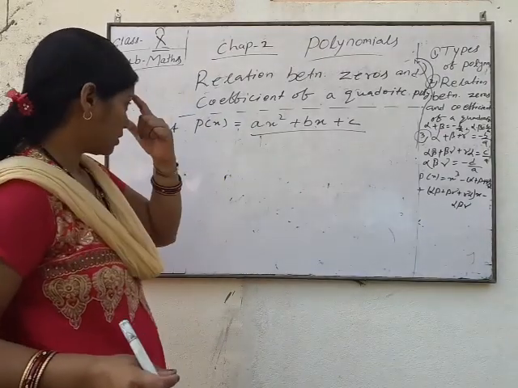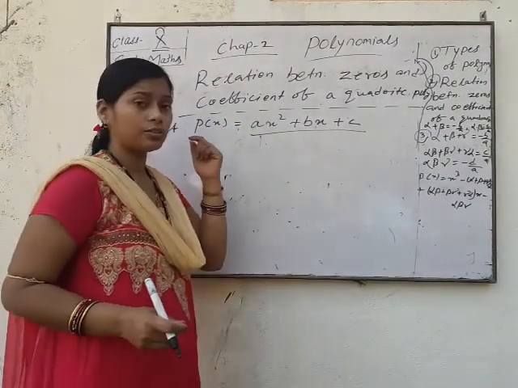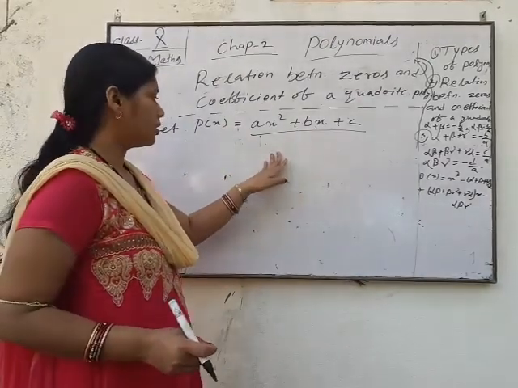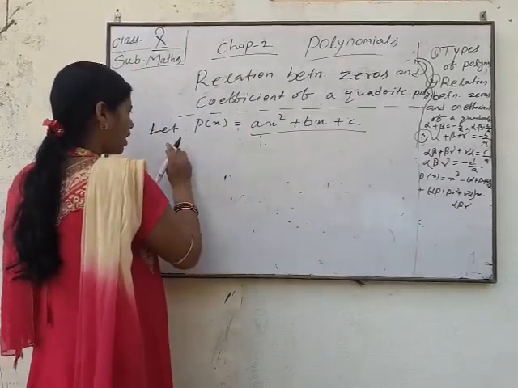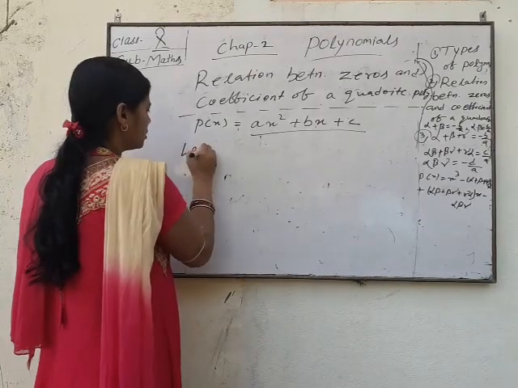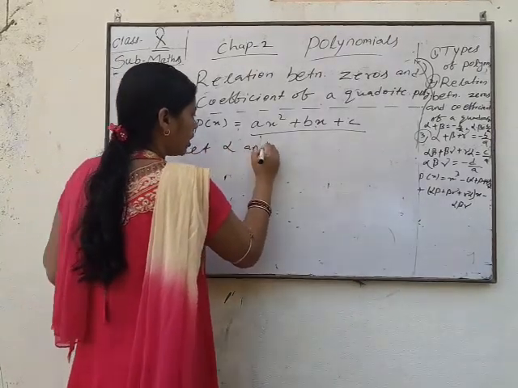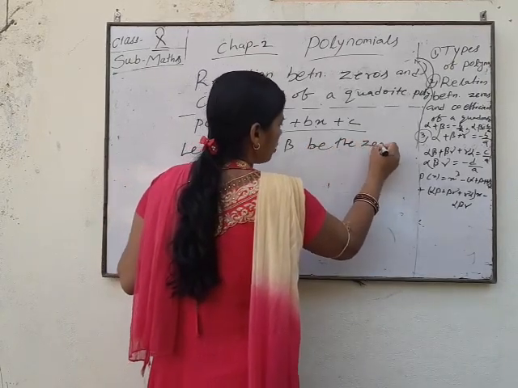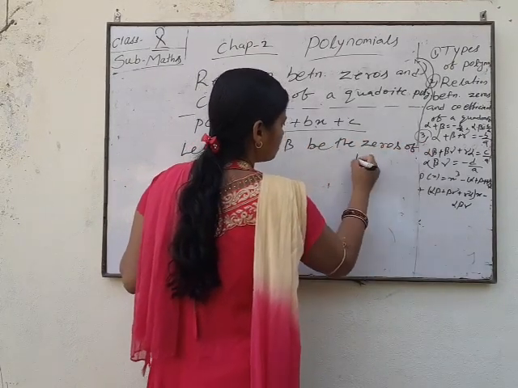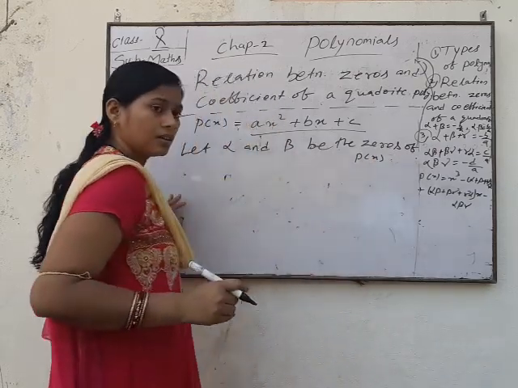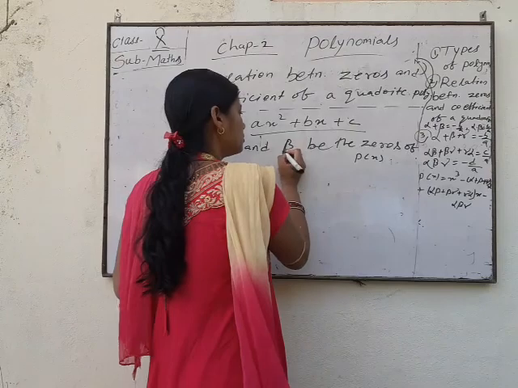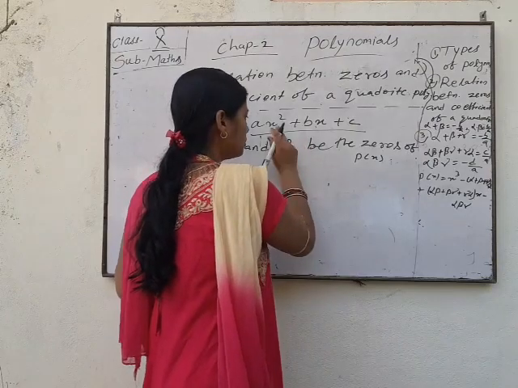Now, quadratic means there are 2 zeros of the quadratic polynomial. So let alpha and beta be the zeros of p of x. Here alpha and beta are the zeros of the given polynomial.